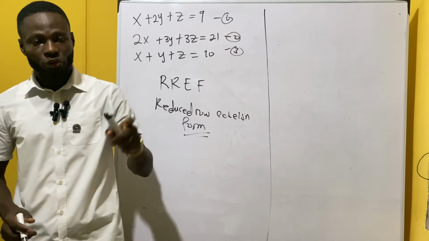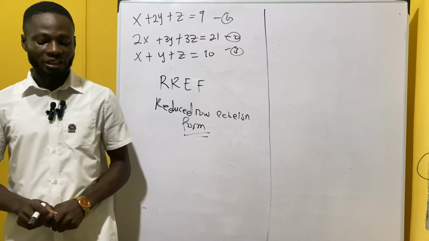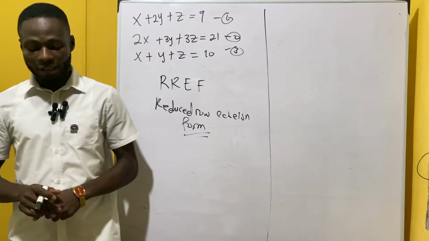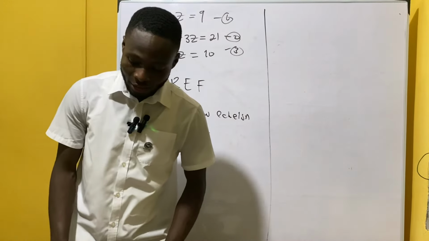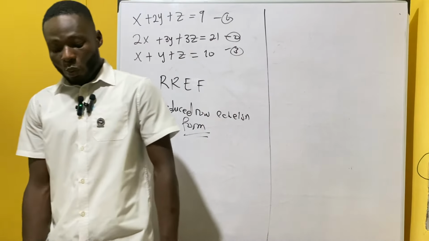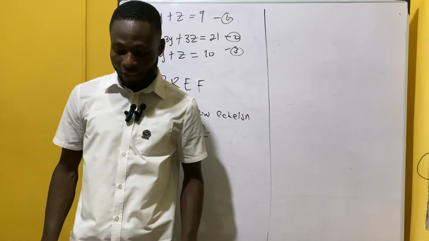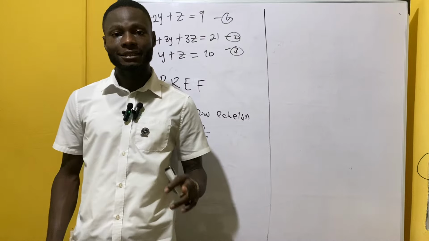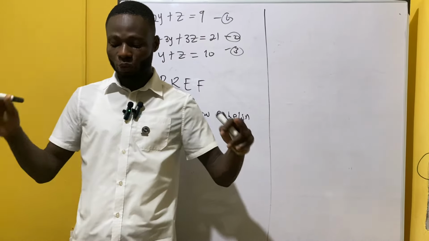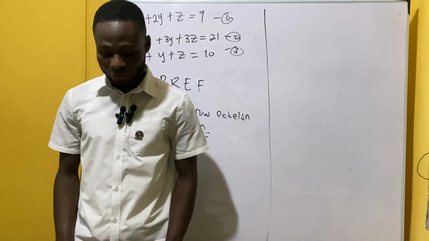So he also contributed to systems of linear equations. Both Gaussian elimination and the Gauss-Jordan method are widely used to solve systems of linear equations, and they can be applied to both square and non-square matrices.